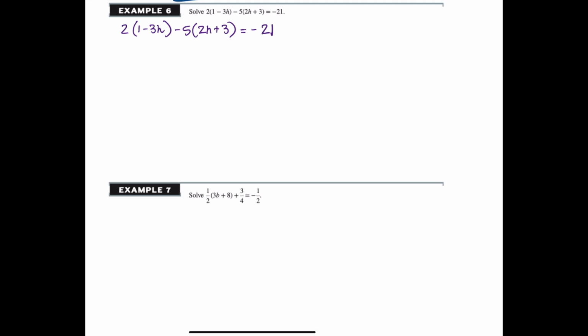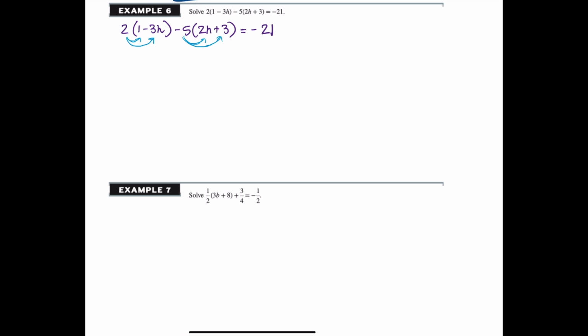So notice we have some parentheses here. And the first step in their process was to clear the parentheses. When you have a number in front of a set of parentheses, we call it distributing it to both terms. It multiplies to everything inside. And here, this negative 5, the minus would come with it too, will also distribute to both terms.